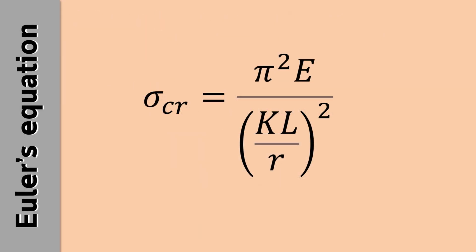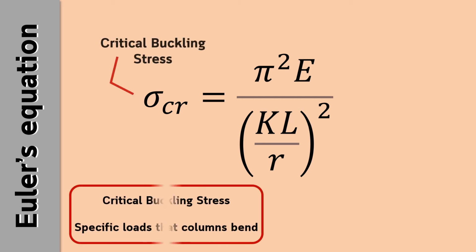The next one is Euler's equation. It is an essential formula for anyone who wants to design columns. In this equation, we want to find the critical buckling stress, which is the specific load at which columns bend.